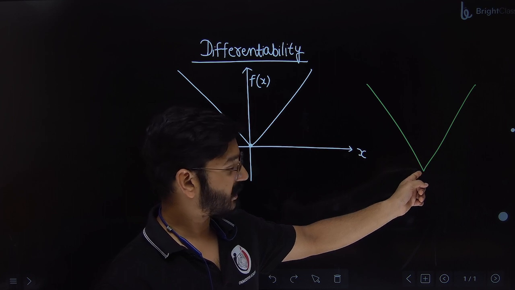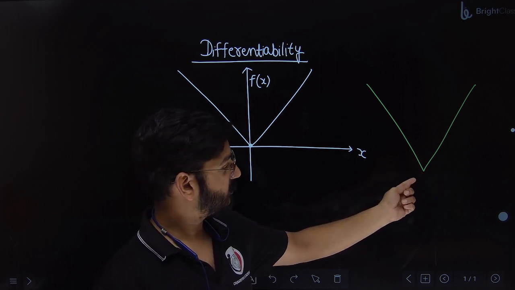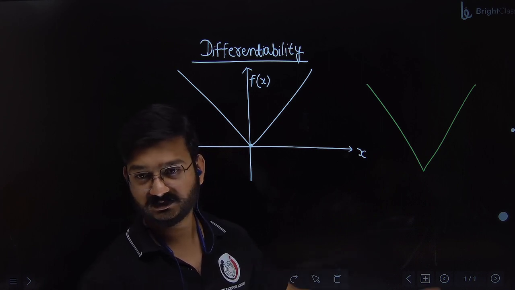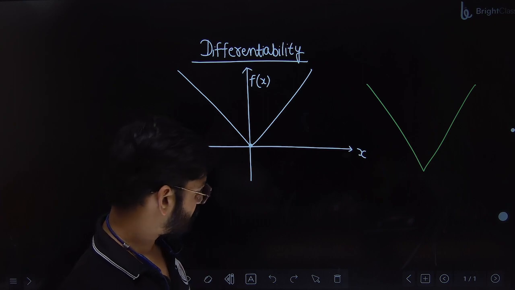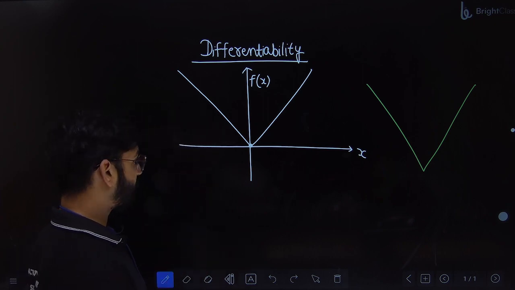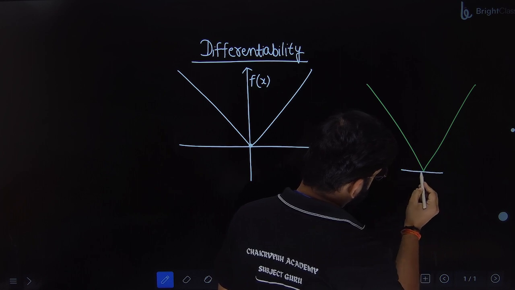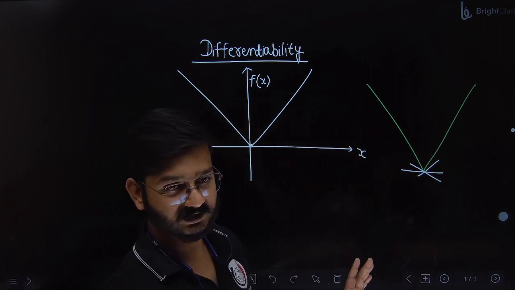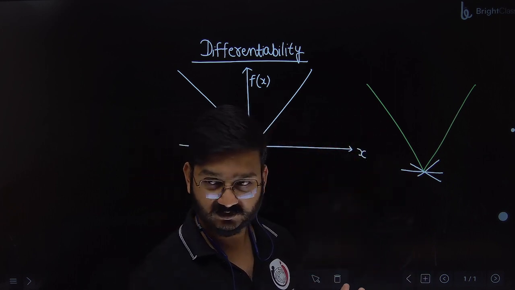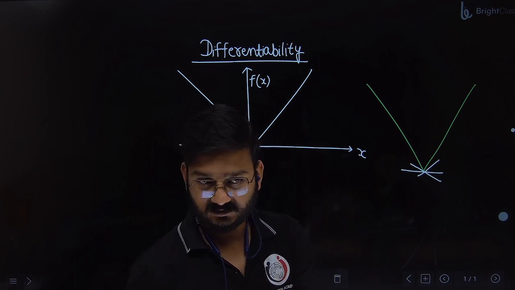So at this sharp edge, like a knife's point, if I ask you to draw the tangent at this point, how many tangents can you draw? One or more than one? More than one. If I draw the tangent, the first one like this, touching it, second one touching it, third one touching it. I will not draw more than that. Can you see that at a sharp edge, it is possible to draw more than one tangent?